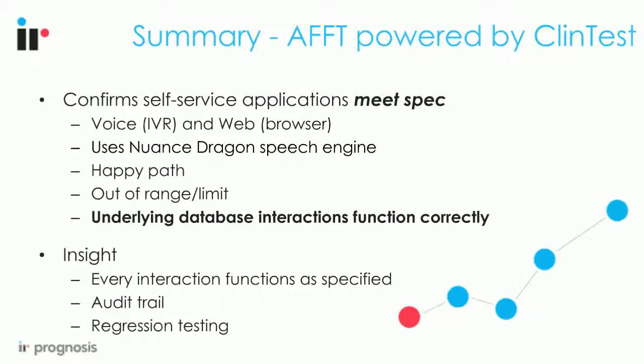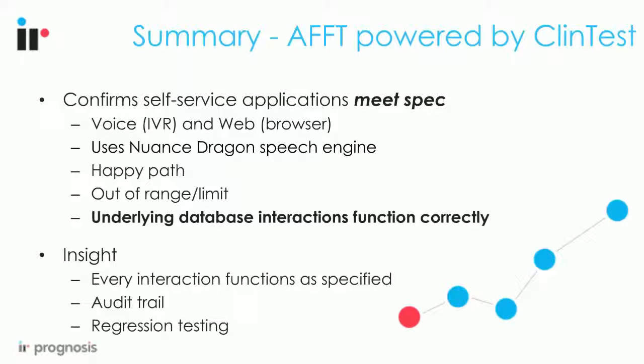And then, of course, you get to pick how picky you want to be. You get to decide if you want to set up every possible test case, which is what we recommend because this process makes it easy and efficient. But you may only want to do the happy path and maybe a couple of the out of grammar or out of range inputs to make sure there aren't any glaring issues. It all depends upon what you want to do.